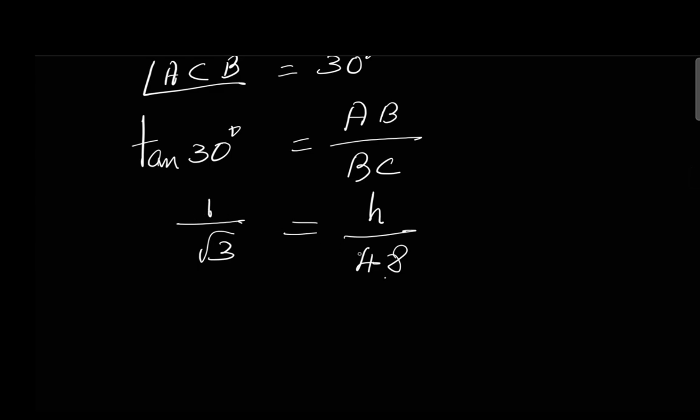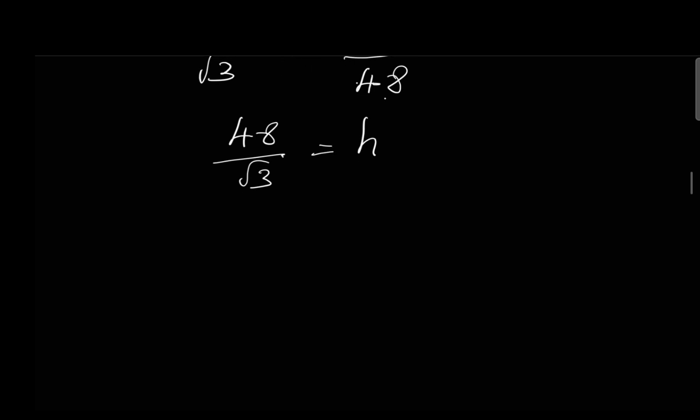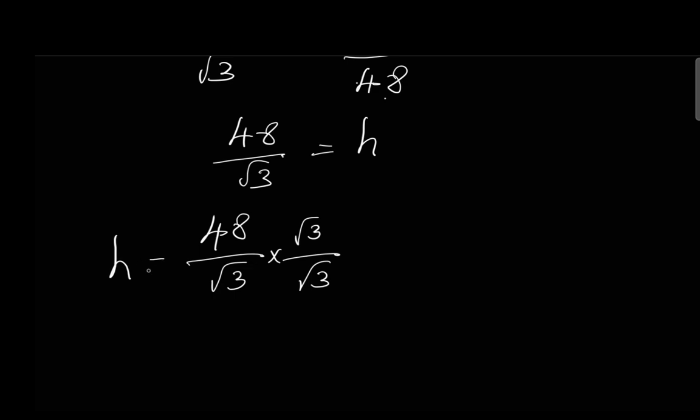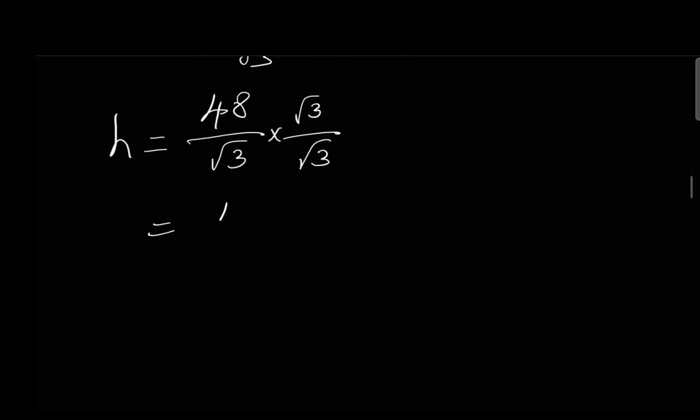You take this 48 to cross multiply. So 1 into 48, 48 by root 3. This is your h. So here in the denominator I have the irrational numbers. So multiply both numerator and denominator by the same irrational number, root 3 by root 3. So 48 root 3.